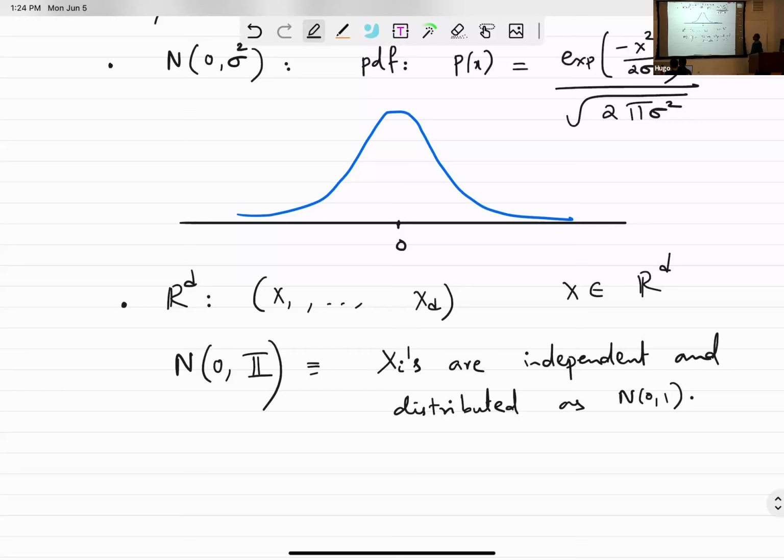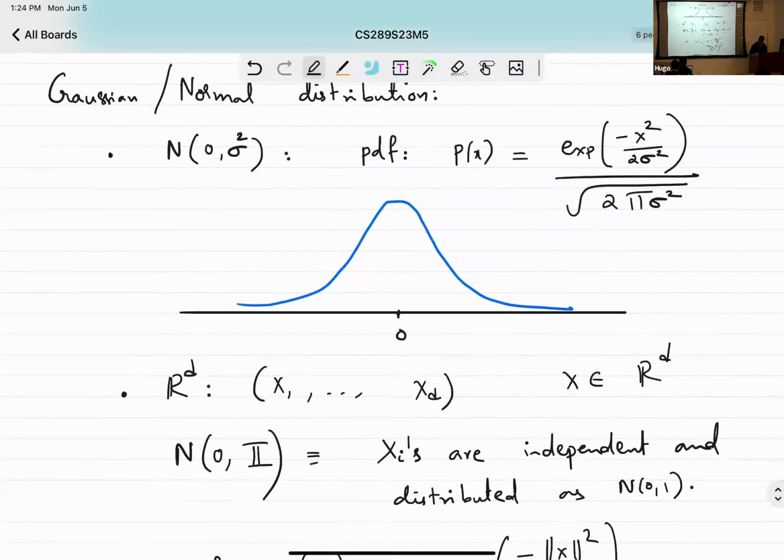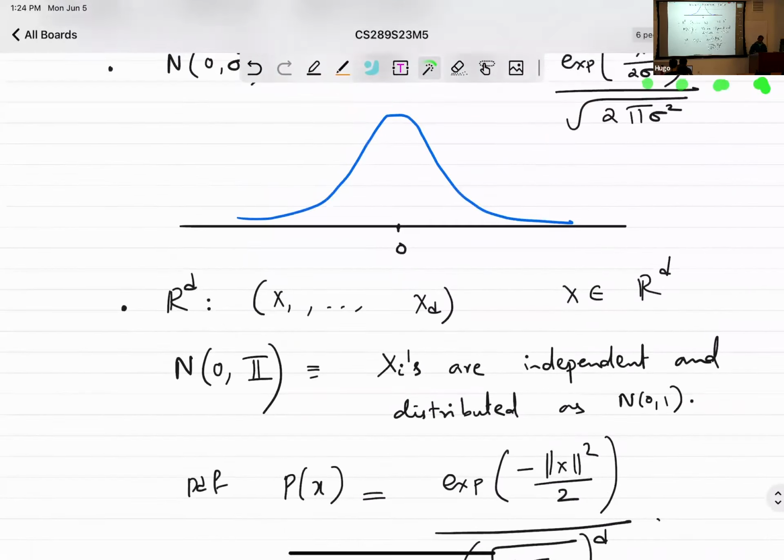Okay, so each coordinate has a distribution. So in particular, the PDF in vector form becomes the following. Okay, because it's independent, you would multiply all of these individual things to end up with this form.